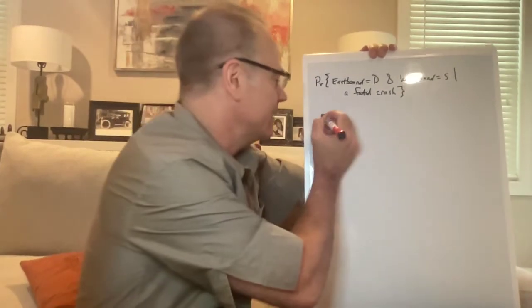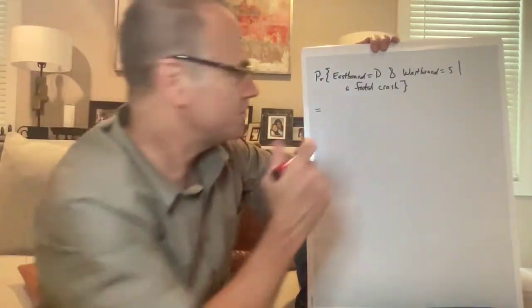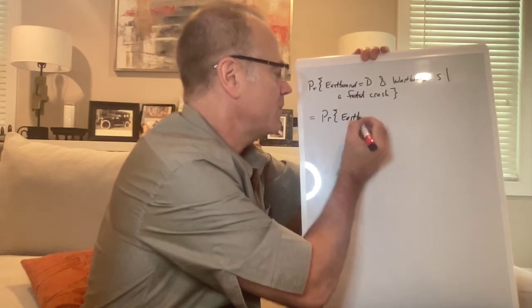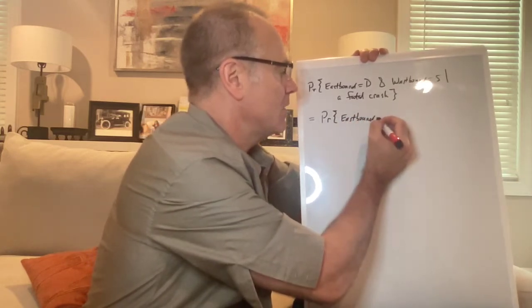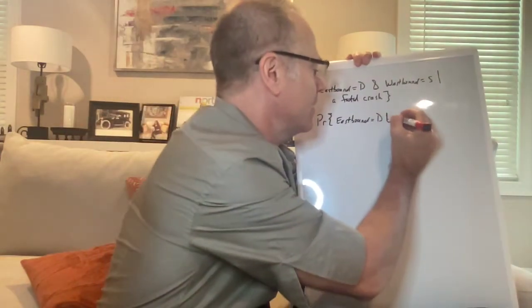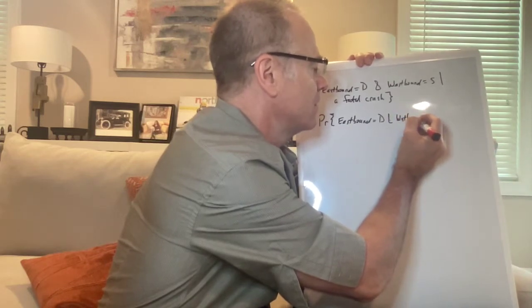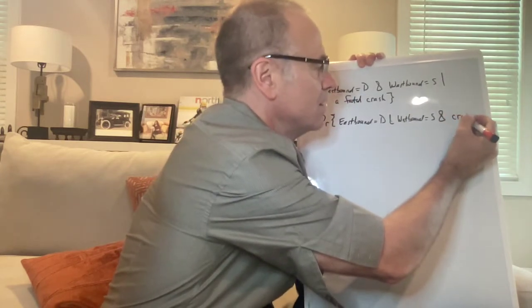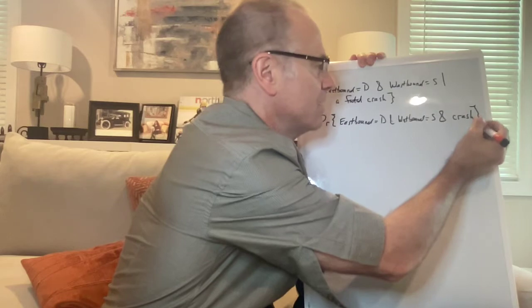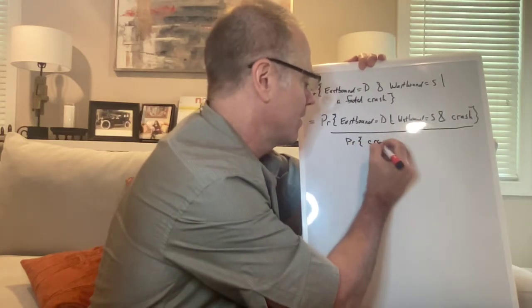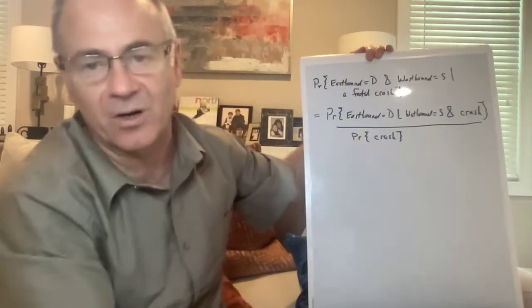So this just equals the probability eastbound equals D and westbound equals S, and the two cars crashed, divided by the probability that the two cars crashed.